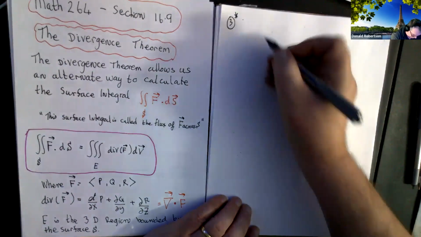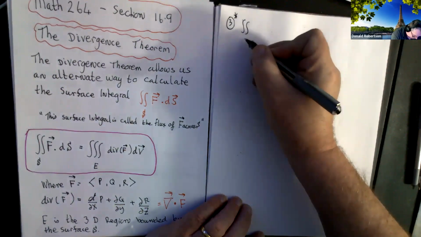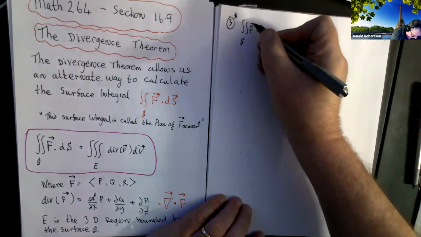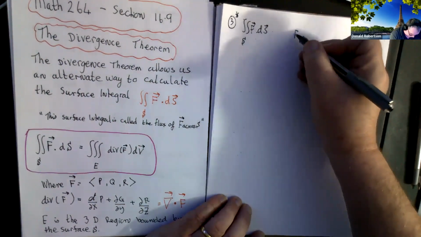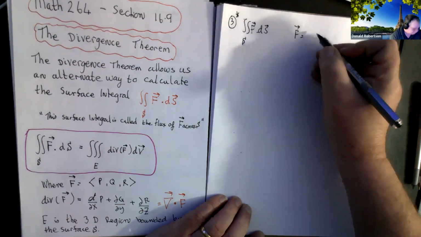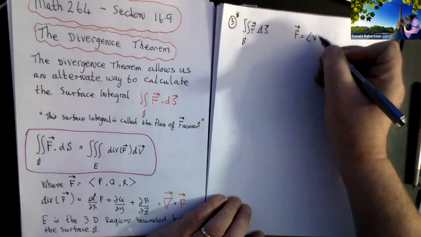In this case, as always, you're going to be asked to find this fella. And the vector field F is pretty unremarkable.